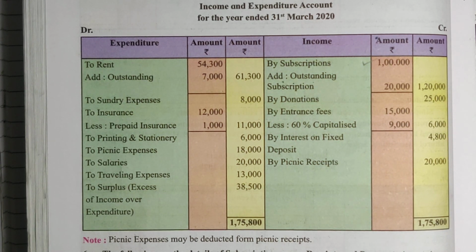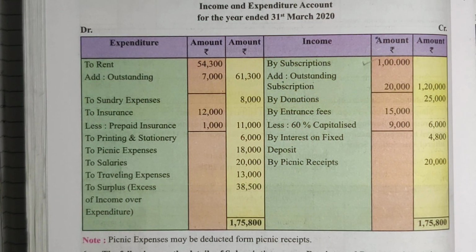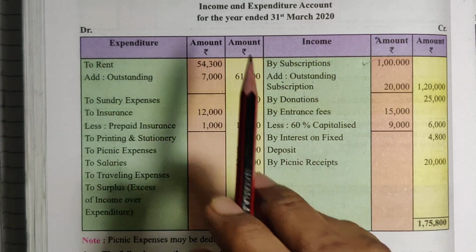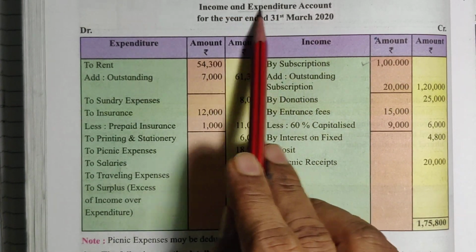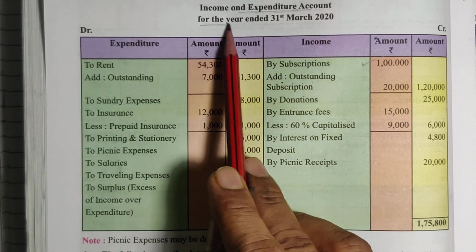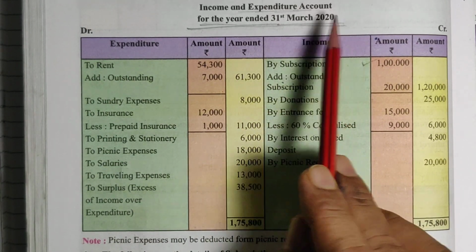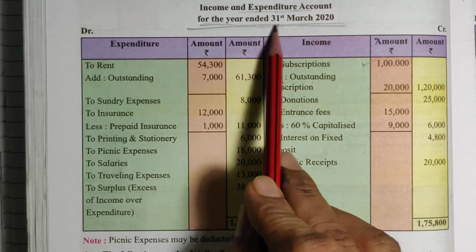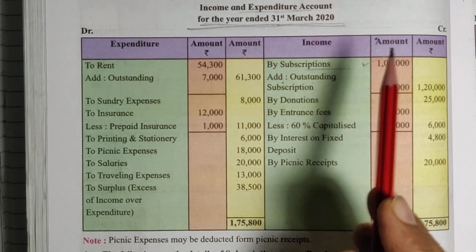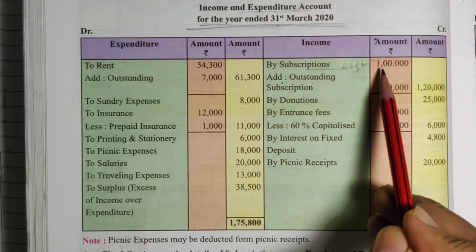We have not recorded subscription outstanding for previous year and subscription received in advance, because this is the income and expenditure account for this particular year ending on 31st of March. So we will record only the subscription belonging to this particular year. Subscription for the current year only, rupees 1 lakh.